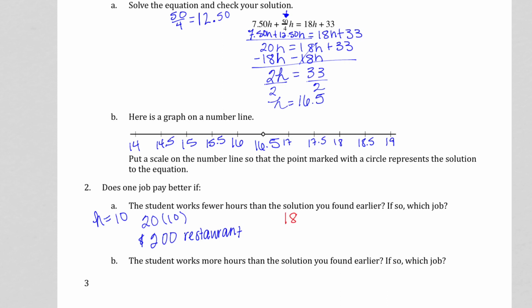Let's do 18 times 10 plus 33. 18 times 10 is 180 plus 33. We get $213 at the hotel. So which one paid more? The hotel did.